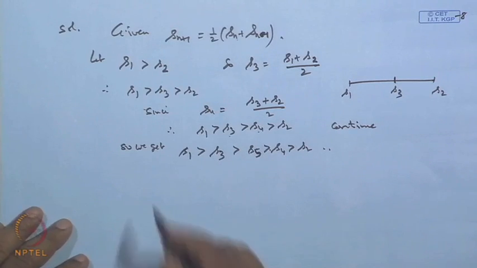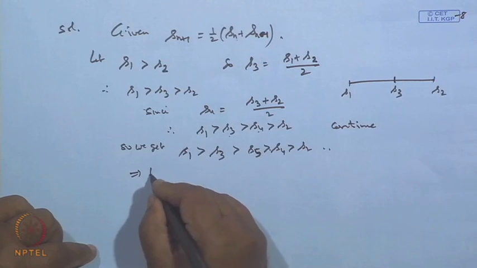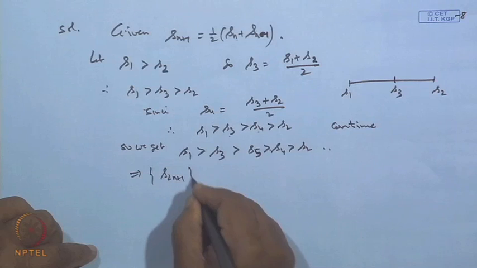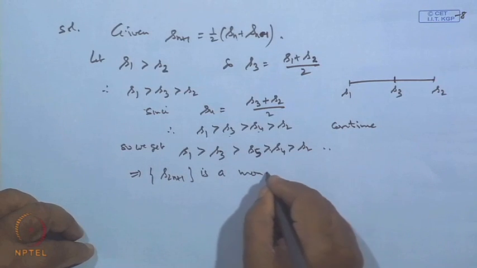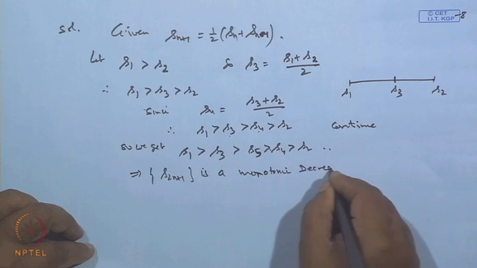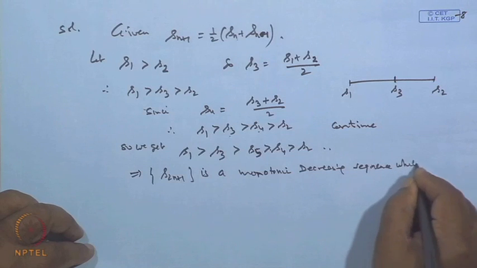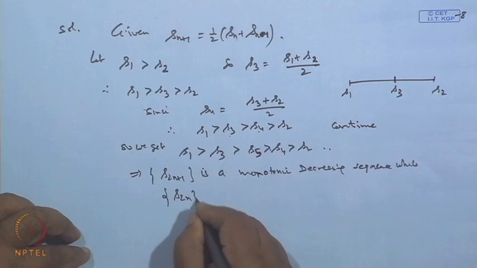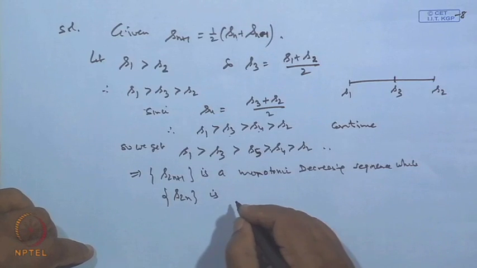So, basically this implies the sequence of odd terms S2n plus 1 is a monotonic decreasing sequence, while the sequence S2n is a monotonic increasing sequence.